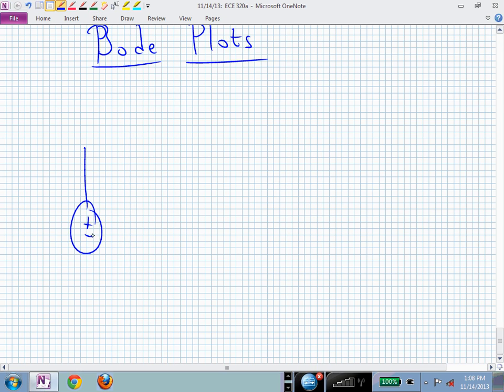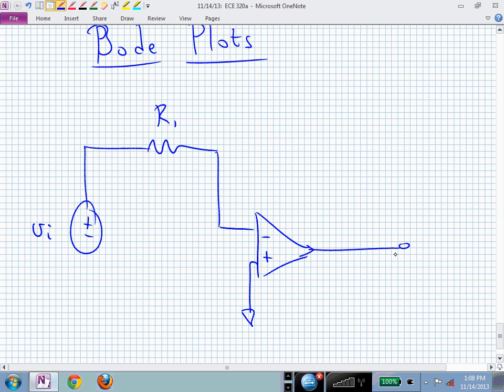Here, let's say that we have an op-amp based circuit. Let's say here's R1, and that's going into the inverting terminal of an op-amp. And maybe we have that feeding some load, potentially maybe even a speaker.